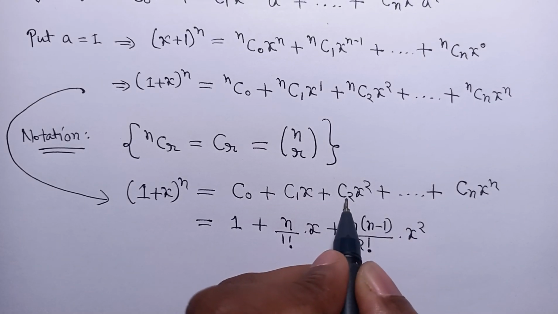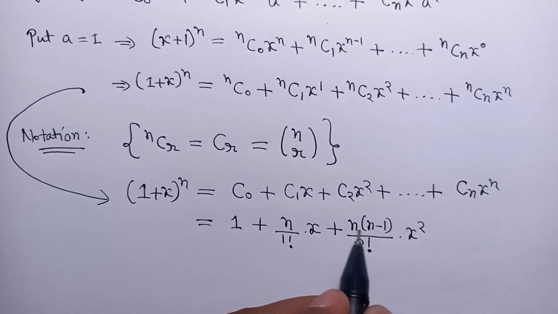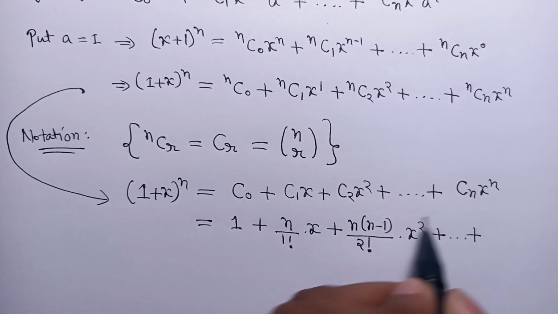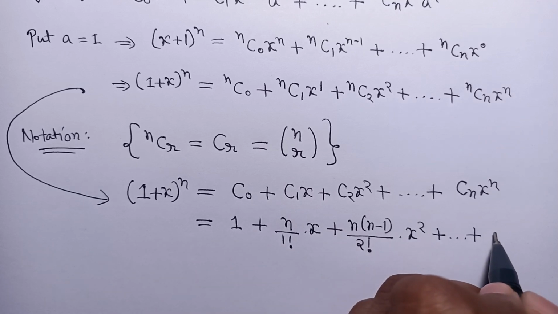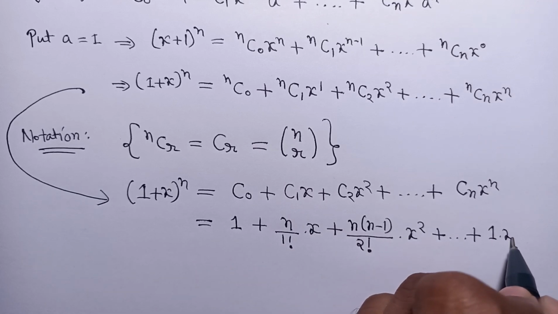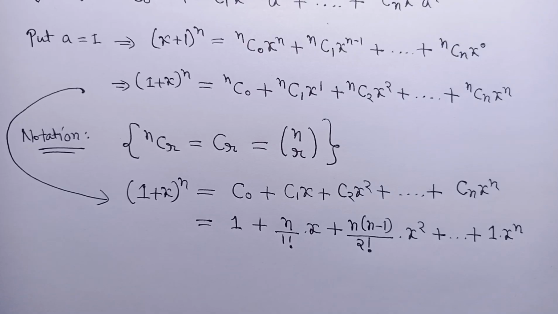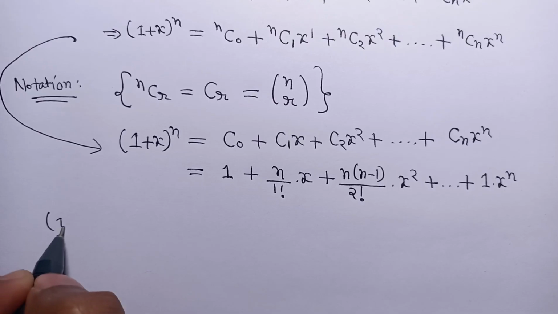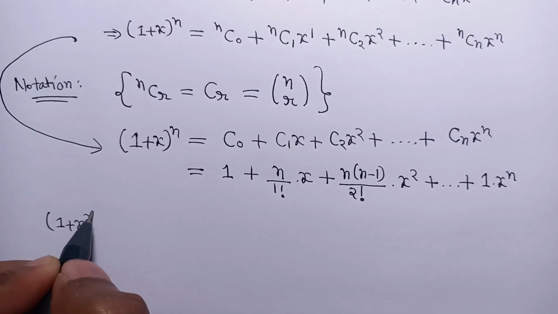I am just putting the exact value of this, okay, plus dot dot dot, and last term is nCn, and nC0 is same, I told you. So this will be 1 into x^n. With this you can verify so many formulas, like (1 + x) whole cube.